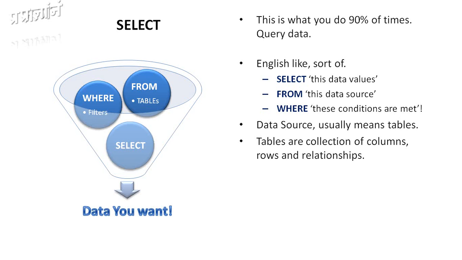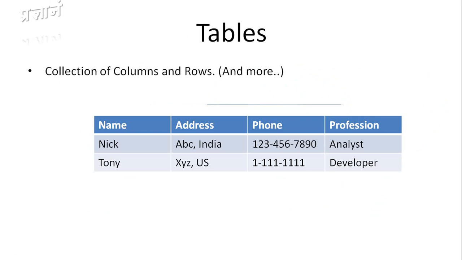Okay, now just a note on tables. Tables are a collection of columns and rows, and there is a lot to those tables, but we are just going to ignore that for now, because from a simplistic perspective this is sufficient. If you've worked with Excel or some other editors before, a table is the same thing. It has columns, name, address, profession, phone numbers, like in this case, and there are rows.